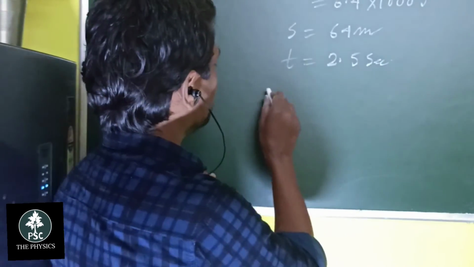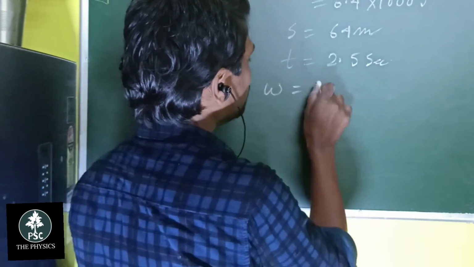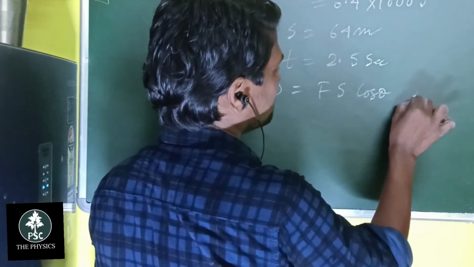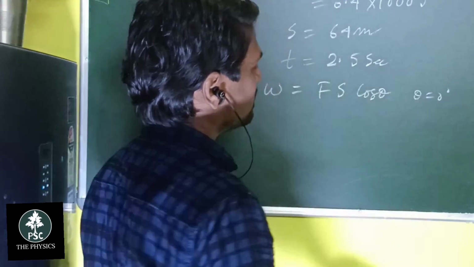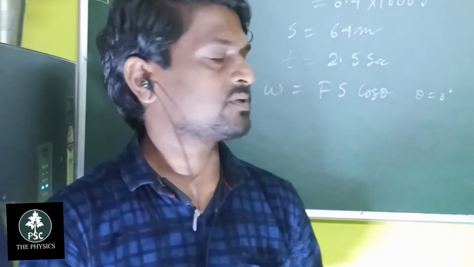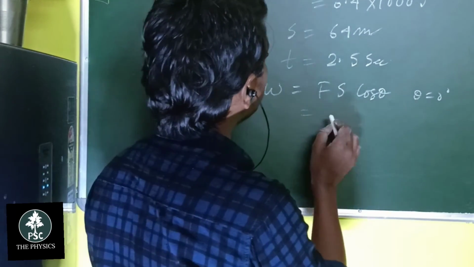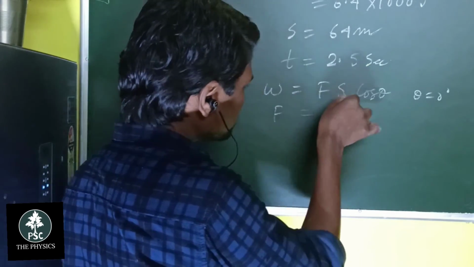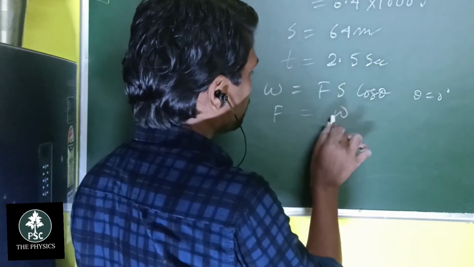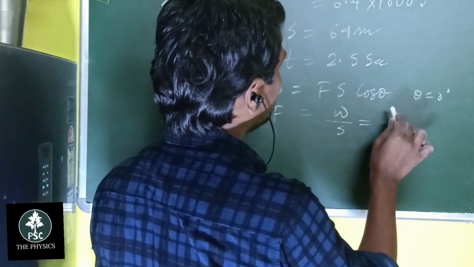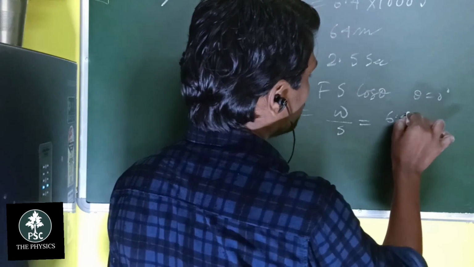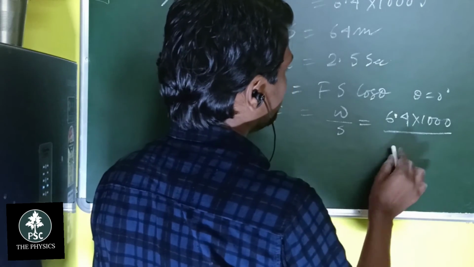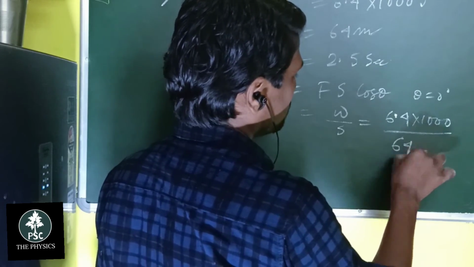So work done equals force into displacement, and here it is given theta equals 0 degree, since the force acts along the direction of displacement. So force equals work done by displacement, and the work is 6.4 into 1000 by the displacement, that is 64.